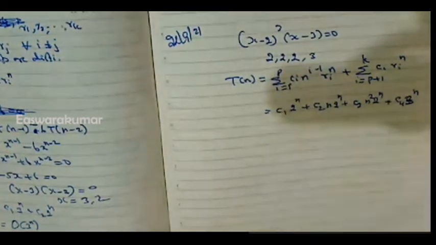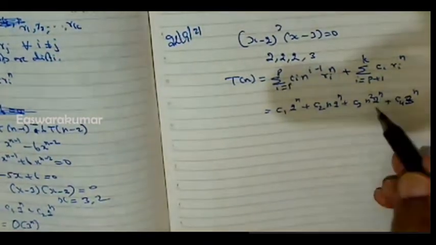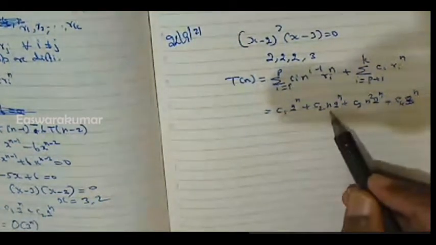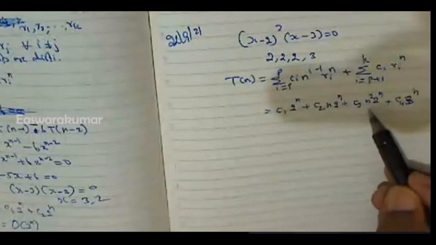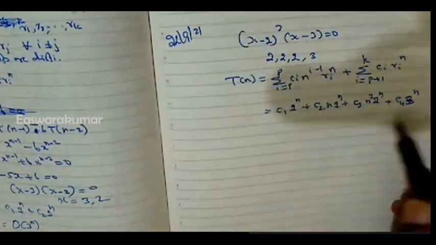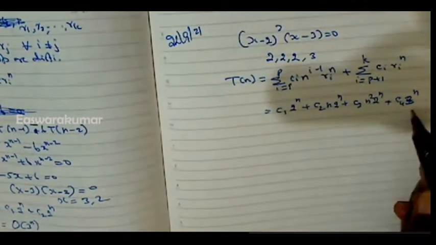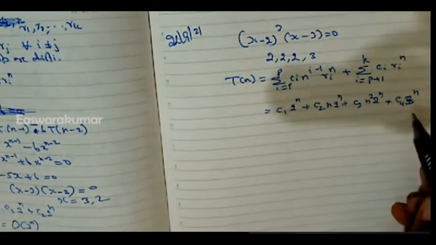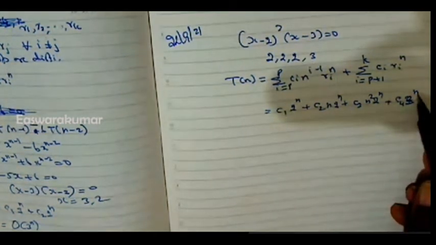Now if you compare these, the term n 2 power n is larger than this, and n square 2 power n is larger than this. But the only confusion is between these two, whether this is larger or this is larger. Here 2 power n is an exponential function and 3 power n is an exponential function.